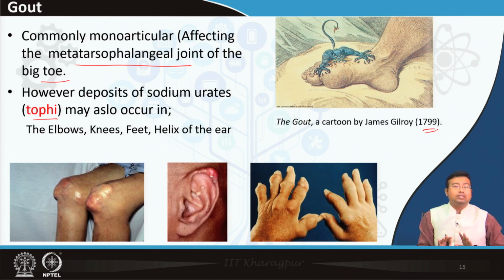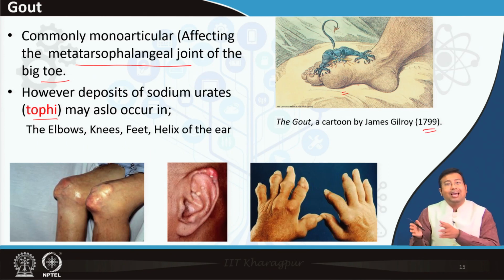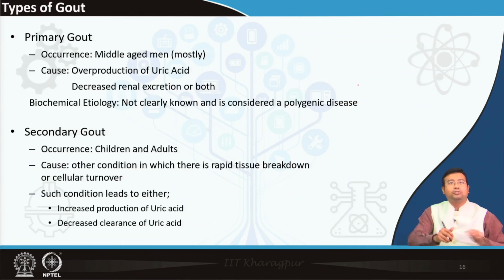Even before it was discovered, the pain in the great toe was there, and there have been references even in ancient scriptures to a disease where an invisible demon is biting the great toe. This is an illustration by James Gillray from 1799. So mind it, pain in the great toe is almost synonymous with gout. This is a nice history of gout that you should keep in mind.